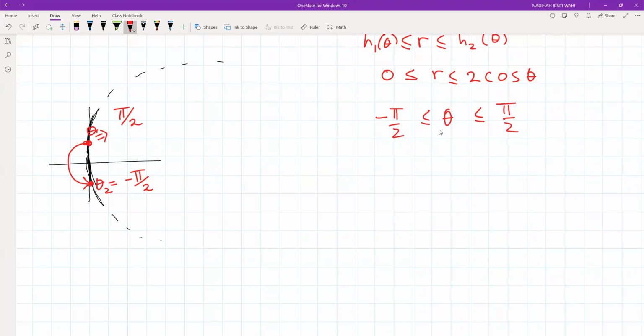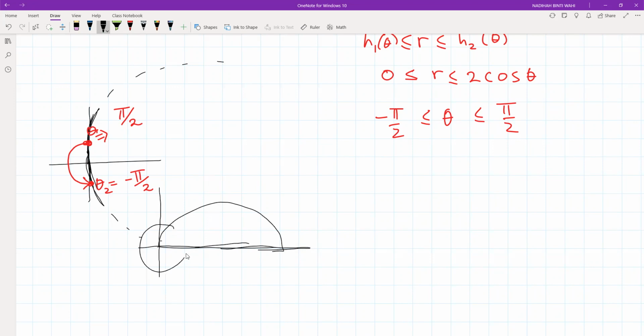So in this case. Okay, katakan, let's say saya cuma ambil, the question is only asking for this one. Only half of that. Now, theta saya dari mana ke mana?